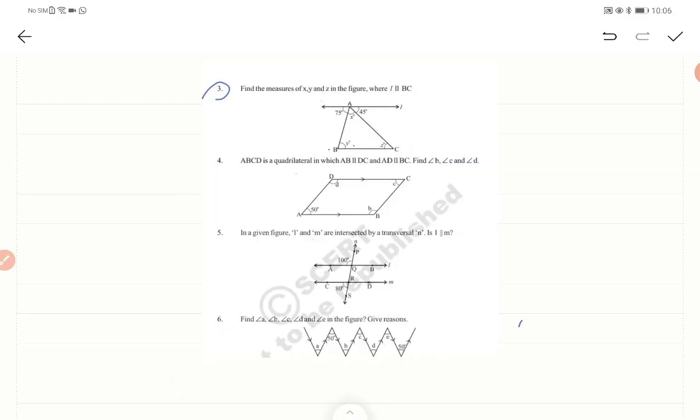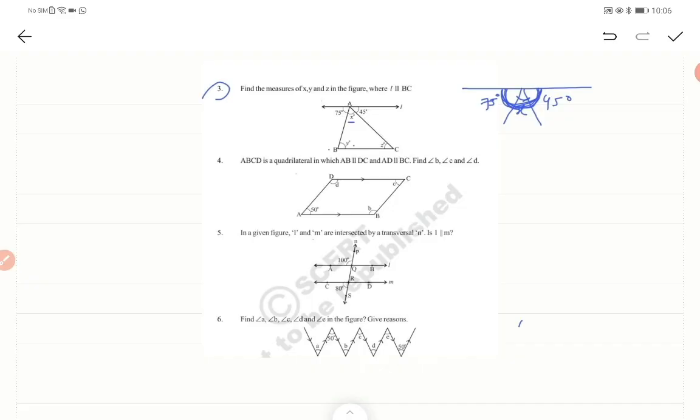They are asking us to find x, y and z from the figure. It's very simple. You have x over here, and the side angles given are 45 and 75. All these three angles together make 180 degrees.